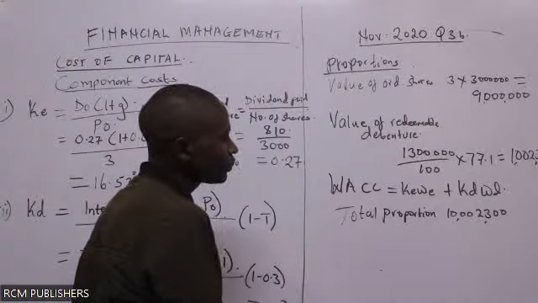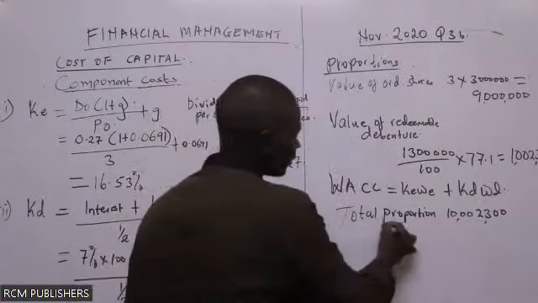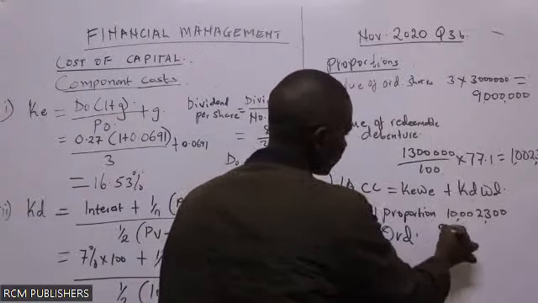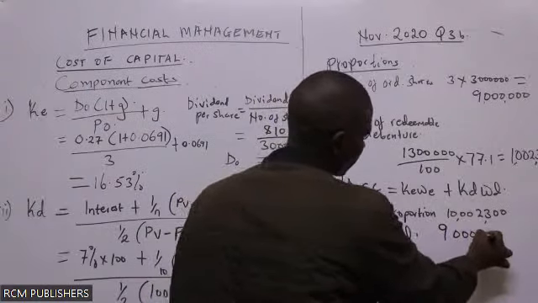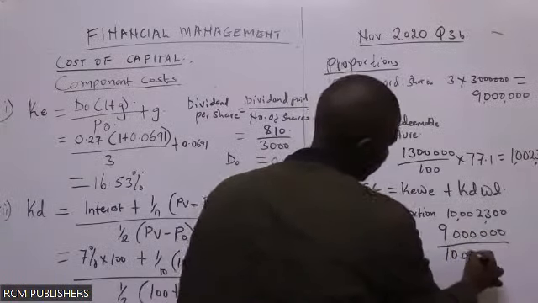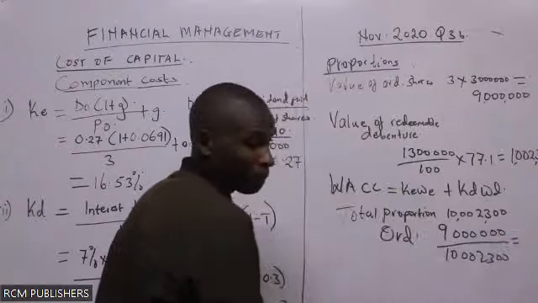So if I want to get the proportion of my ordinary share, the ordinary share will be equal to 9 million divided by this total, 10,023. How much do you get?